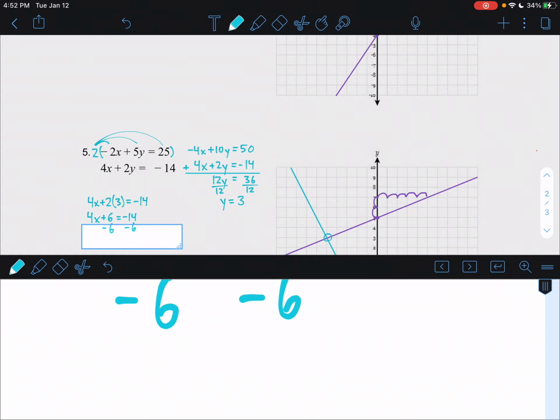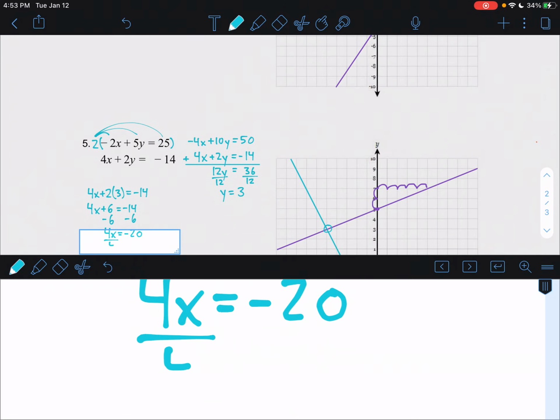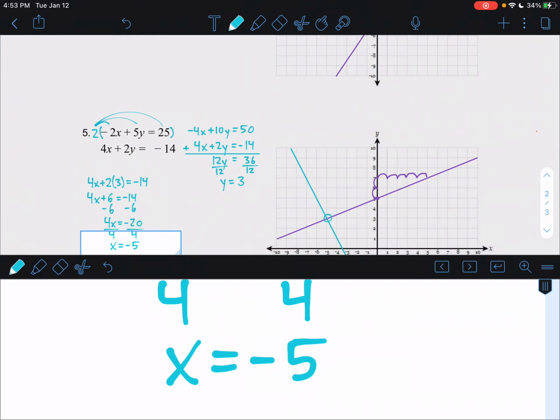Subtract 6 from both sides, which is going to give me 4x equals negative 20. And dividing both sides by 4 is going to give me x equals negative 5.